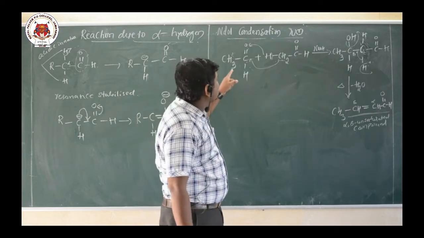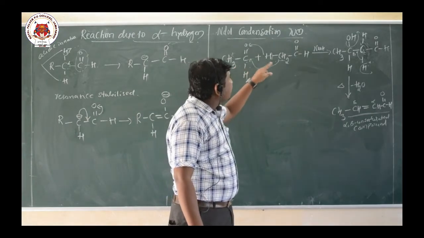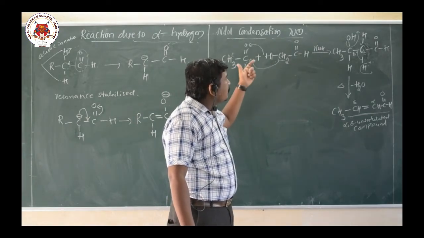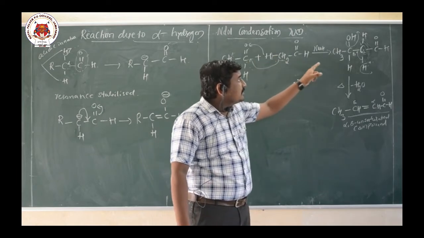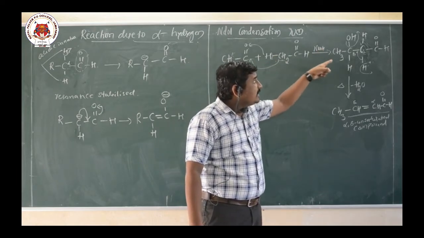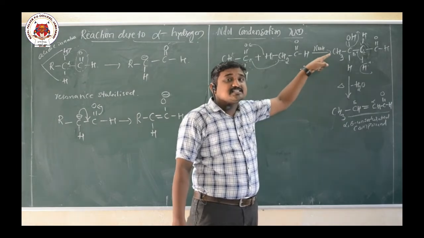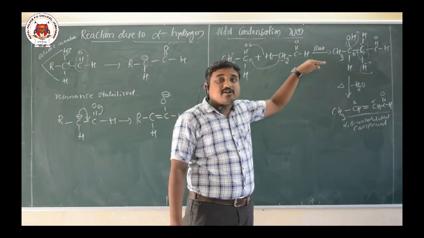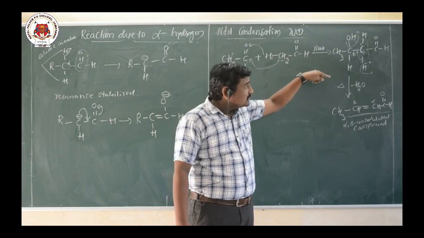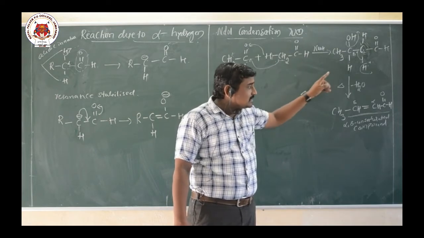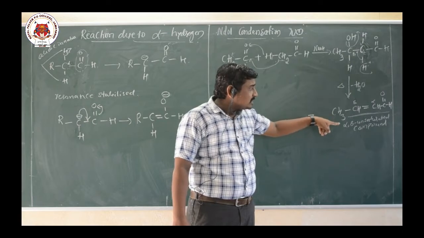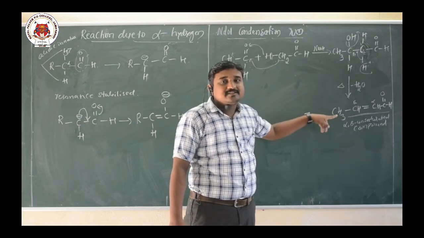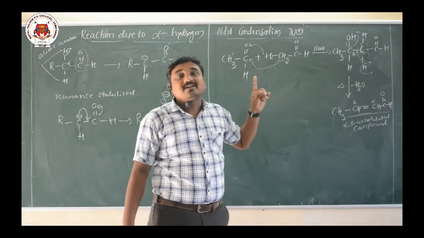And here when two same aldehydes undergo condensation in the presence of base, there is a formation of beta hydroxyaldehyde. This reaction is called the aldol reaction. When that beta hydroxyaldehyde loses a water molecule by elimination and forms an alpha beta unsaturated compound, this reaction is called the aldol condensation reaction.